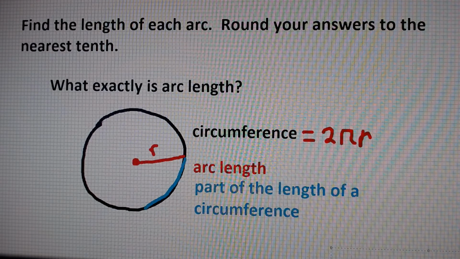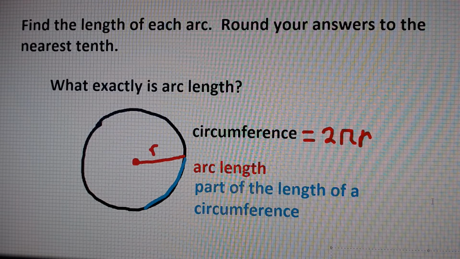the circle. So when we're talking about arc length, we're talking about any part of the circumference, where the circumference of the circle is 360 degrees all around the circle. We're talking about just part of the circumference.